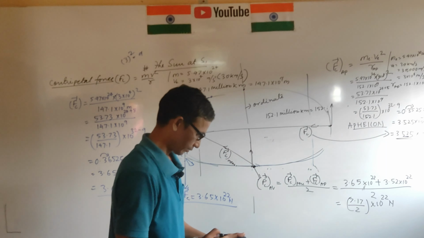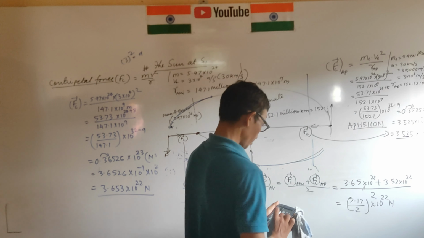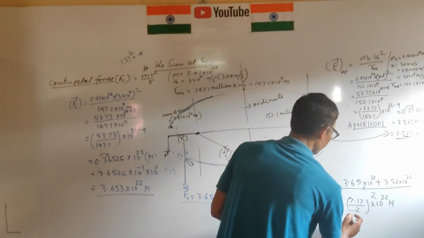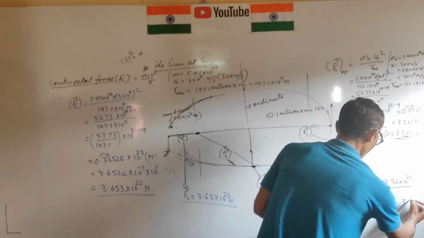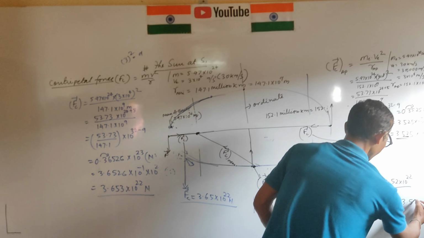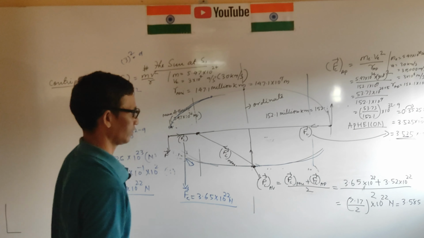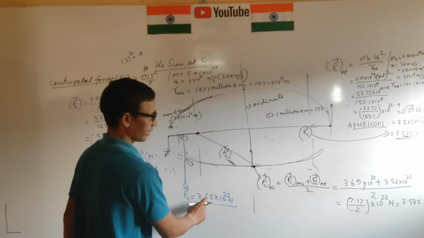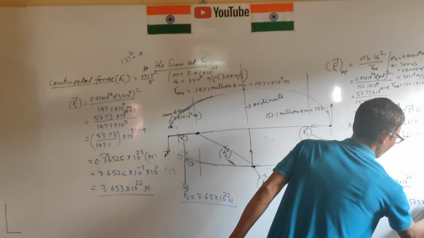Calculate the value of 7.17 divided by 2, that exact value is 3.585, this 3.585, okay, this is the 10 to the power 22 Newton.